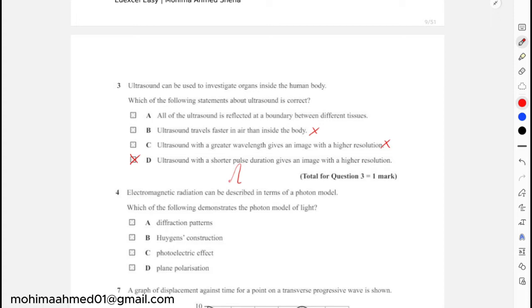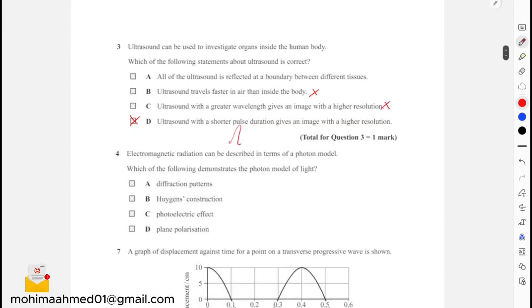The distance between the tissues will be very large compared to the wavelength of the ultrasound. If the wavelength of the ultrasound is very small compared to the distance between the tissues, then it will not create diffraction. If there is no diffraction, it will not be reflected in between the tissues, right? It will not create multiple reflections. So, no, that is again not the case. Option D is your only correct answer.